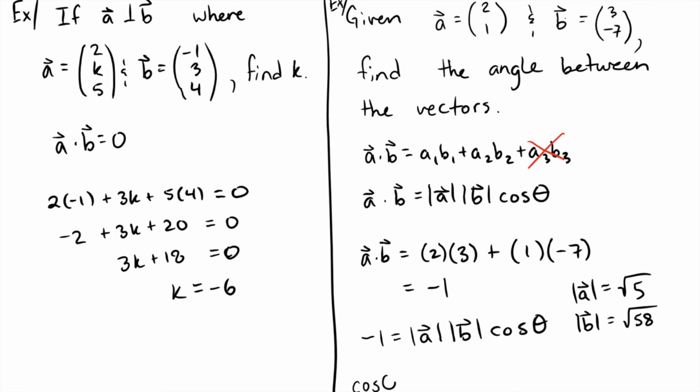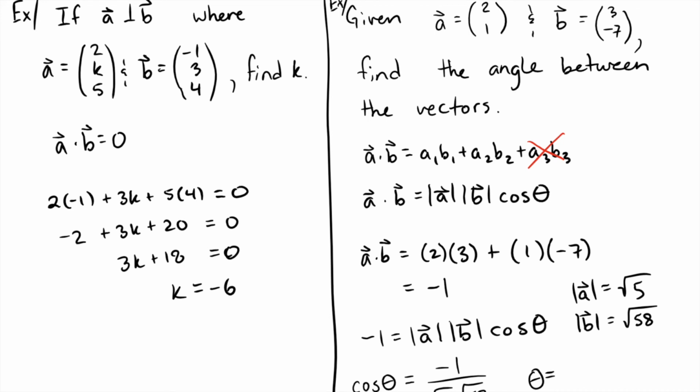So if I rearrange my dot product equation and substitute in those values, cosine of the angle in between them is equal to -1 over root 5 times root 58. And so this has now essentially become a trigonometry question. So I really just have to do cos inverse of both sides and solve for the angle.